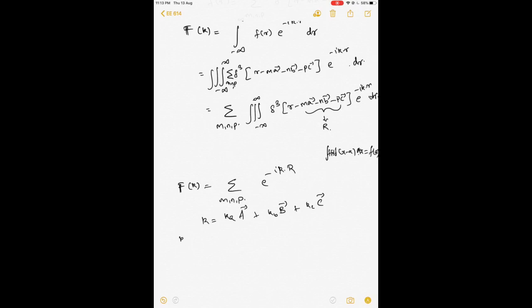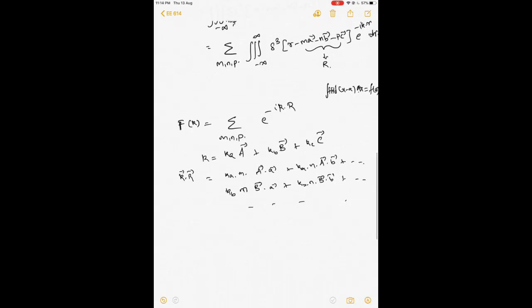So this k dot r, this inner product, is actually ka into m a vector dot a vector plus ka into n a vector dot b vector plus so forth, plus kb dot n b vector dot b vector plus so on and so forth. This is such a huge expression that we just cannot resolve.